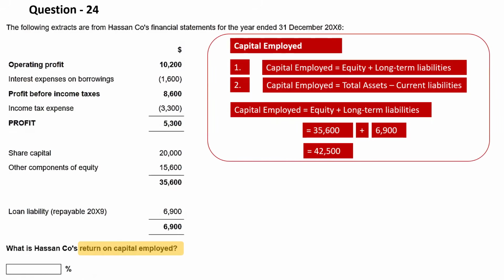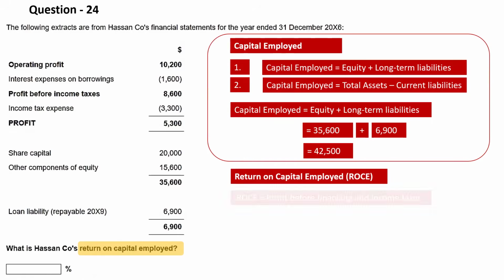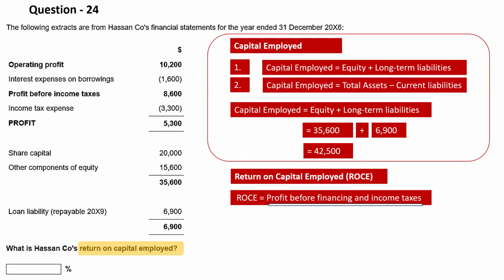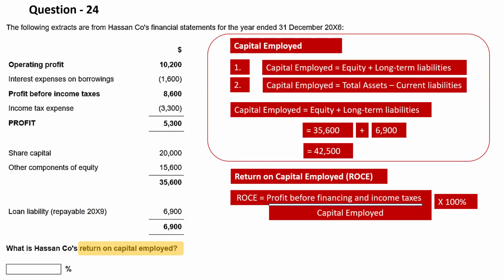Next, let's revisit the formula of return on capital employed, or the ROCE as it is commonly referred to. The formula to calculate ROCE is profit before financing and income taxes divided by the amount of capital employed, multiplied by 100%. Profit before financing and income taxes in our case is the amount of operating profit of 10,200.